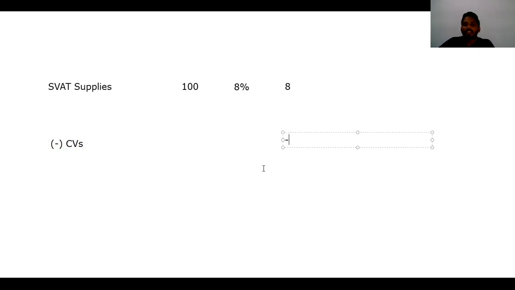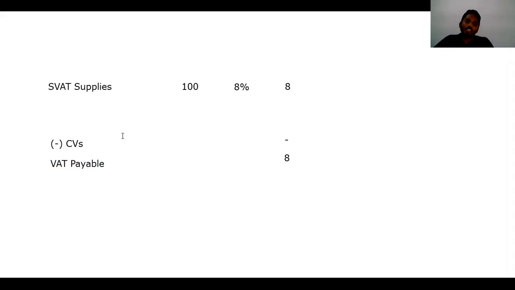Then the penal provision is that this 8 million they have to pay. 8 million is payable because they don't have any credit vouchers. Even though they declare it as a suspended supply, there is VAT payable because they don't have a credit voucher.